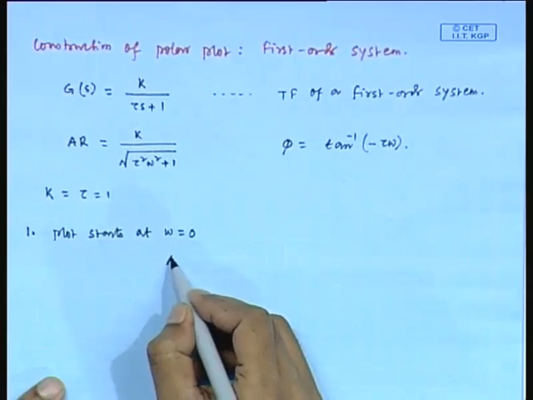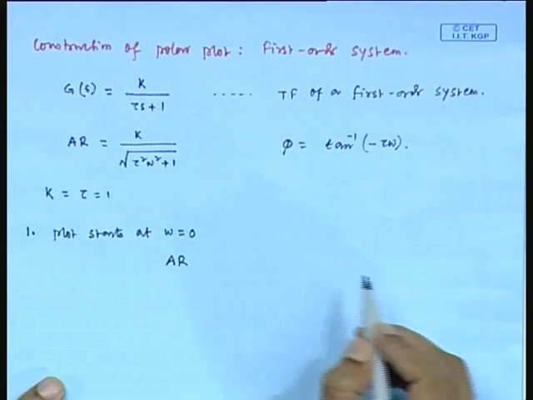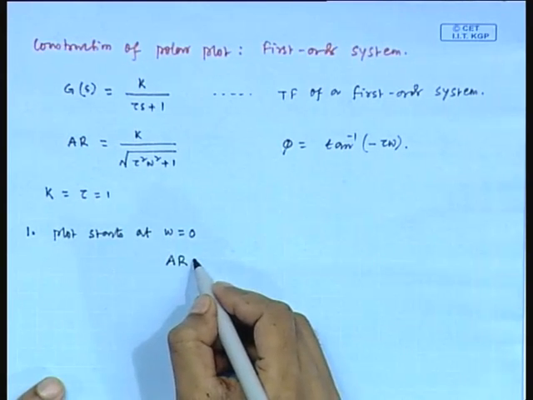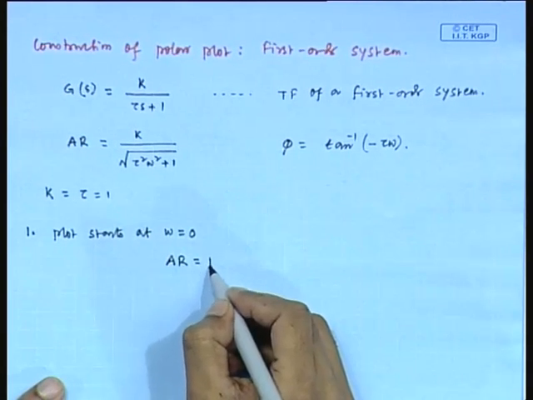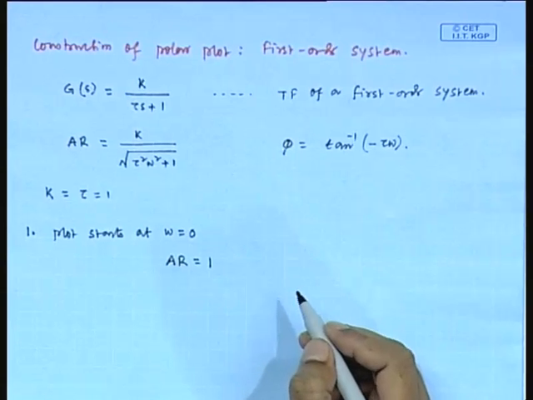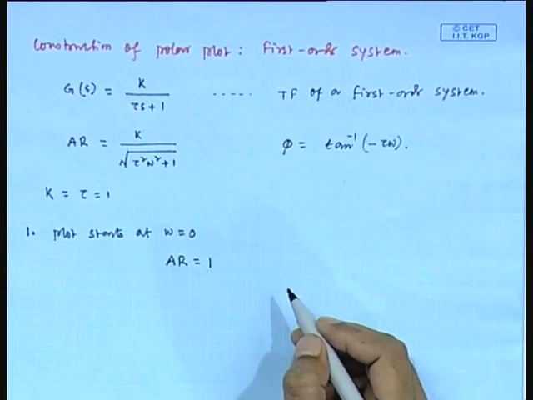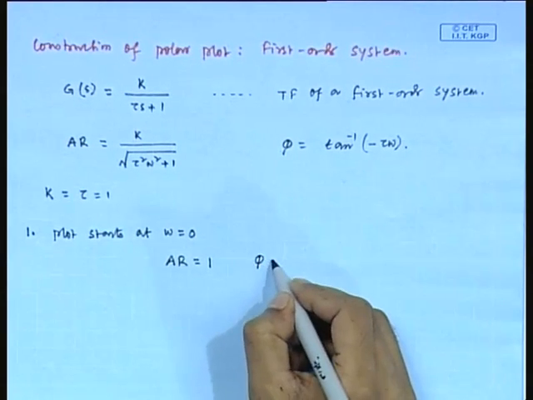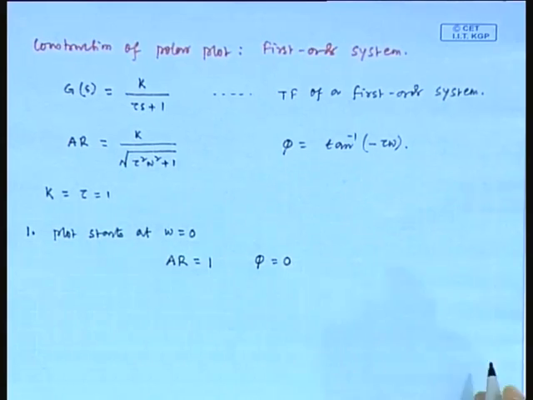If we consider omega equal to 0, how much is amplitude ratio? Amplitude ratio is 1. How much is phi? Phi is 0. Fine.